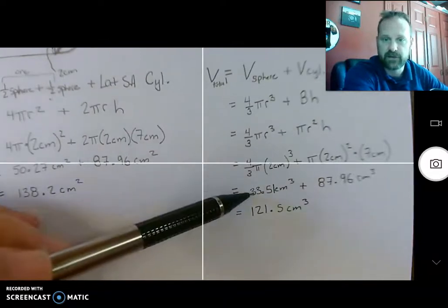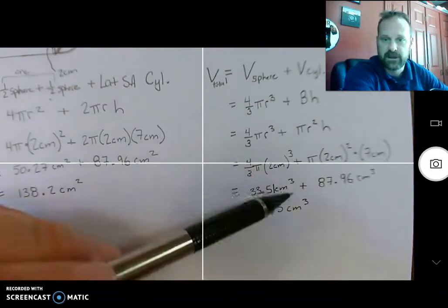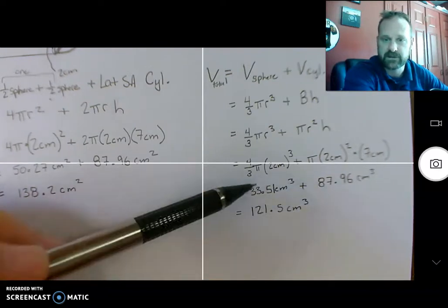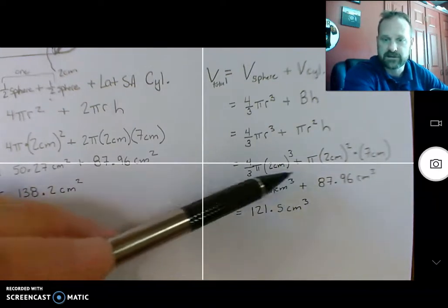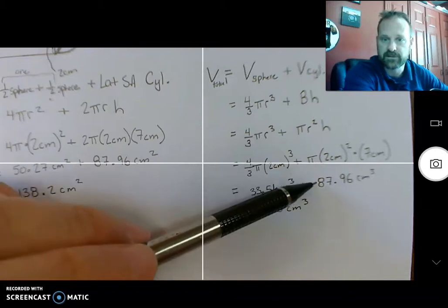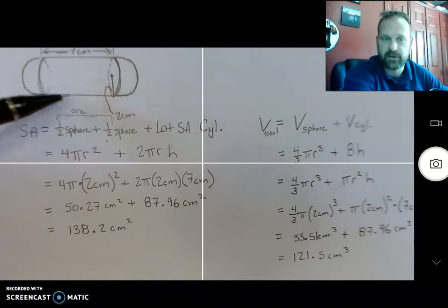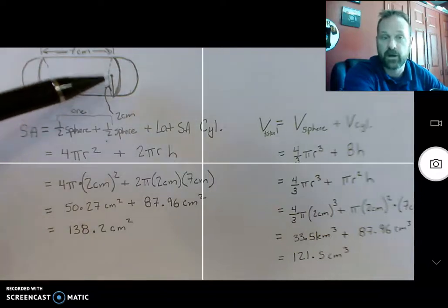So if I find this one's 87.9, this is almost 3 times larger. So that stands to reason I probably could fit 3 tennis balls in this space, almost. Not quite, but almost.